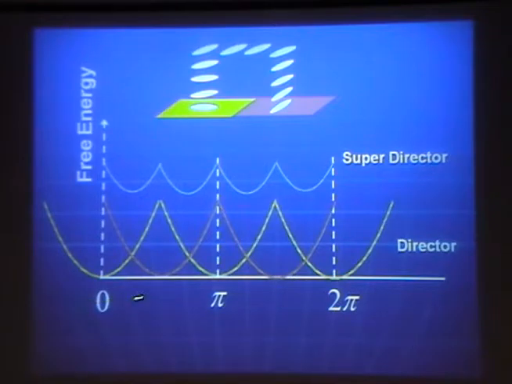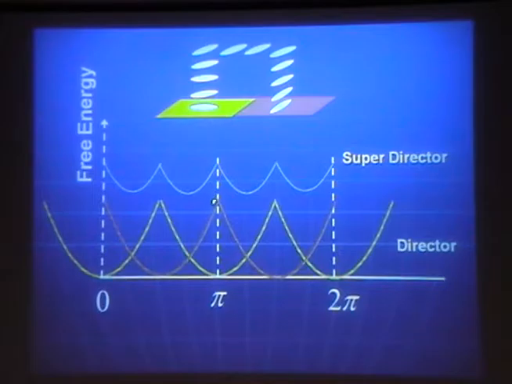This is a schematic energy landscape, showing how you can construct the free energy profile of the orientation with respect to the azimuthal angle. The yellow line shows the anchoring energy for the yellow domain.